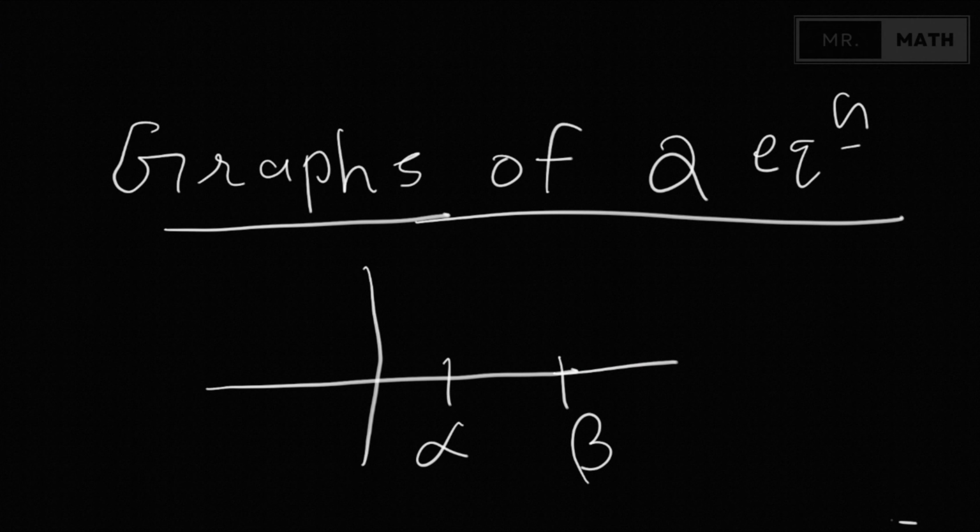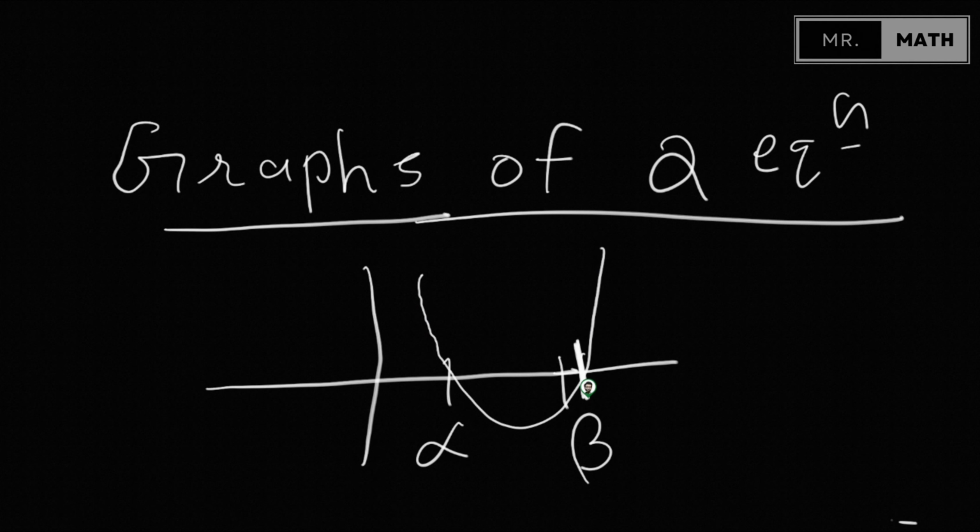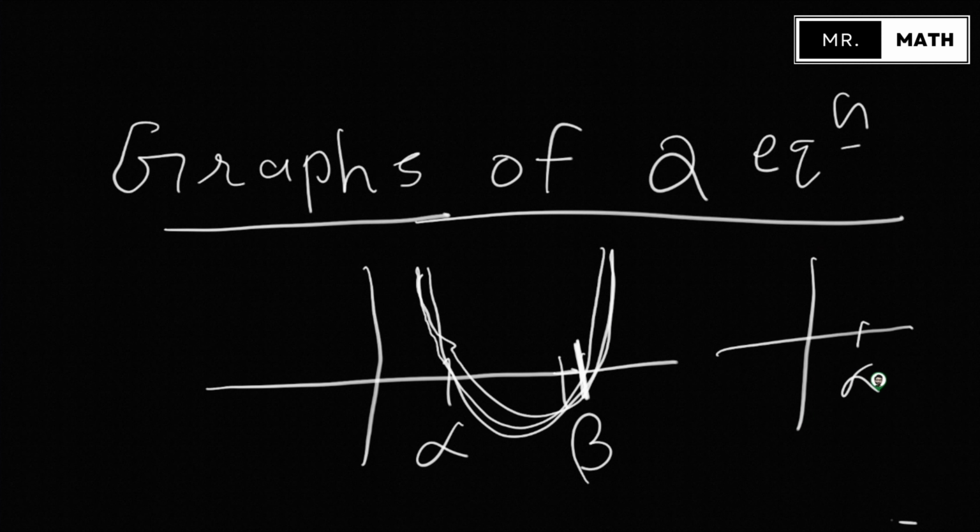And if the quadratic equation has one root, then the graph will just touch the x-axis once, because the graph of a quadratic equation is always a parabola. Keep in mind that it is always a parabola. So if the quadratic equation has two roots, the graph will be like this. This is beta. This is the graph of a quadratic equation.